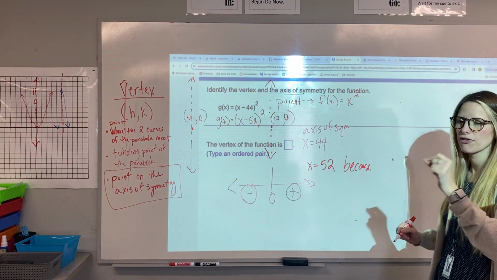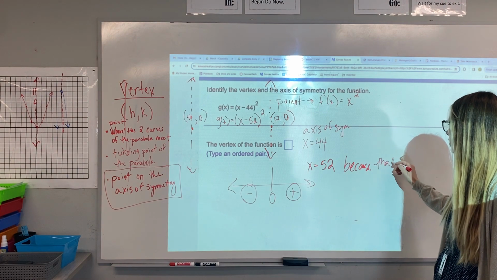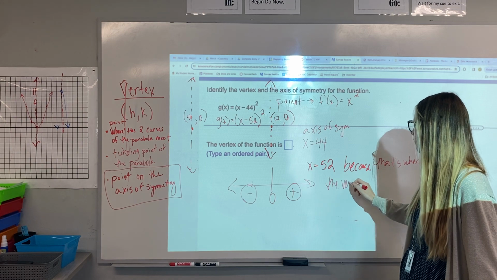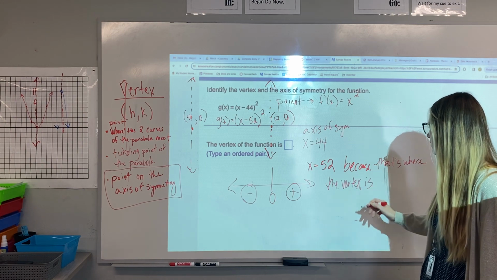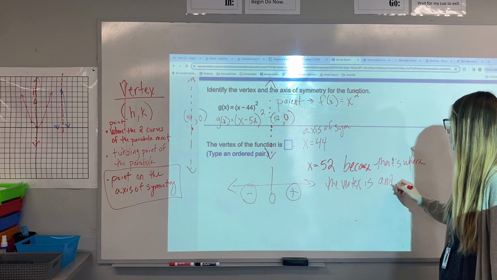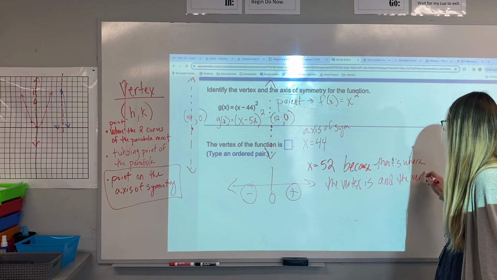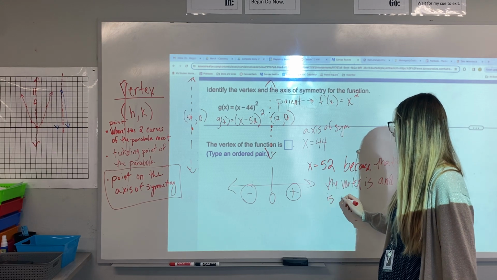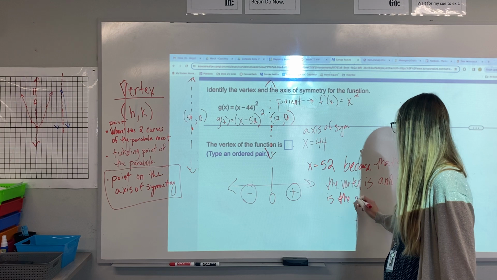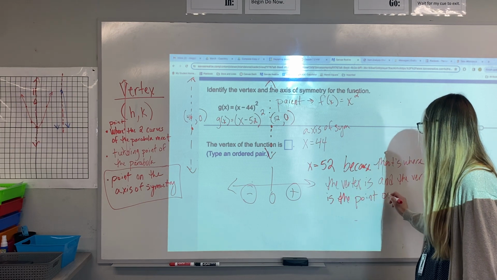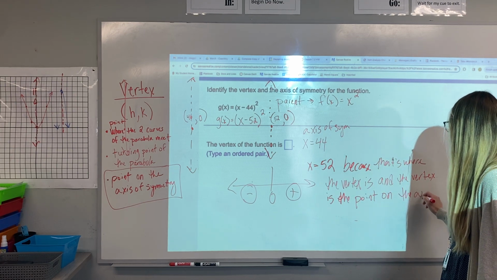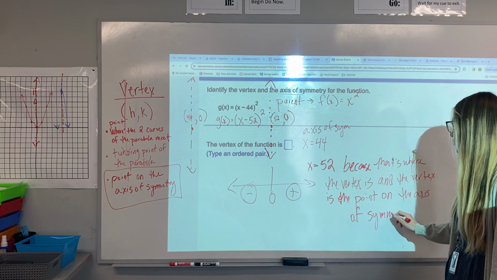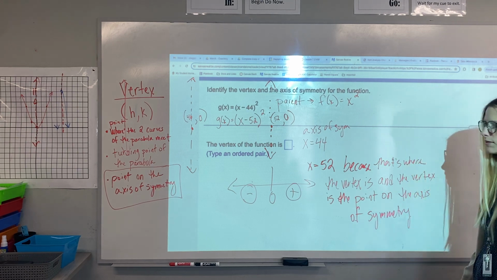That's where the vertex is, and the vertex is the point on the axis of symmetry. Does that make sense? Okay.